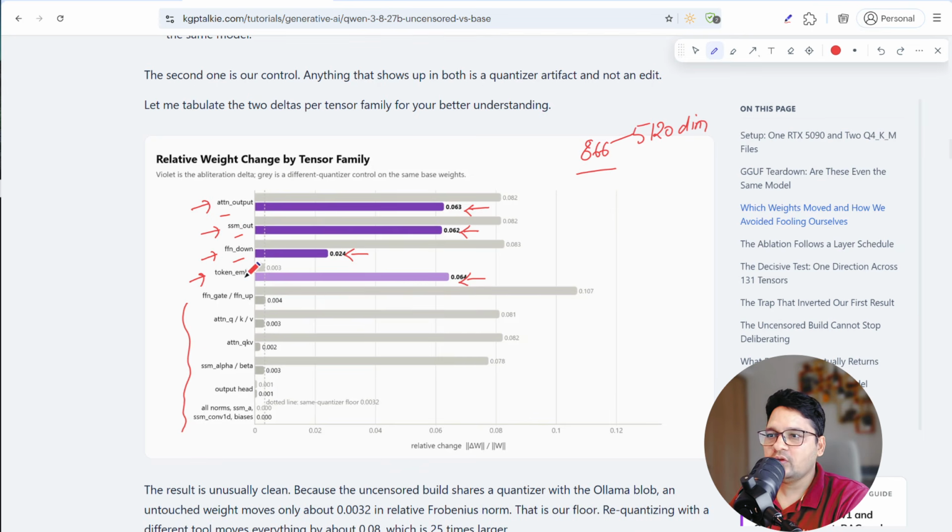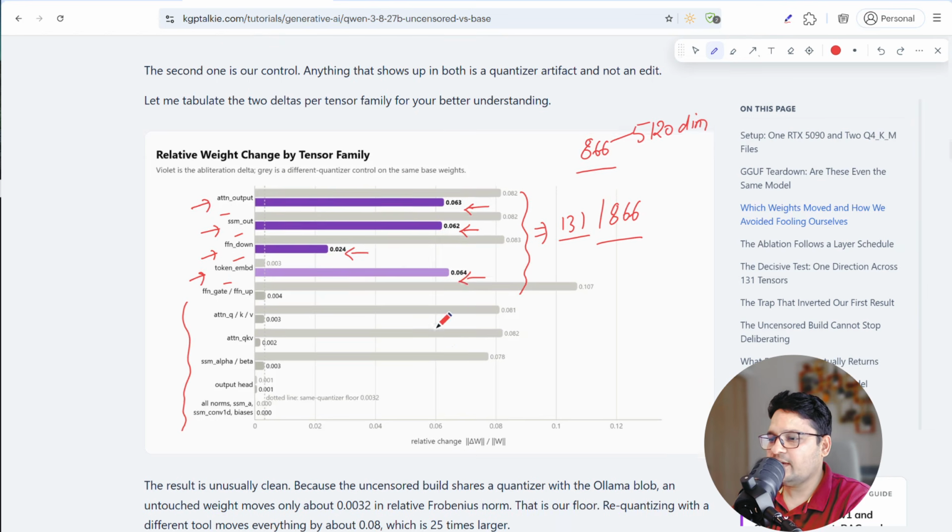And there was also a single block in which the token embedding got modified. That's all. By combining all these, we had a total of 131 vectors out of 866. So out of 866, 131 vectors actually got modified.